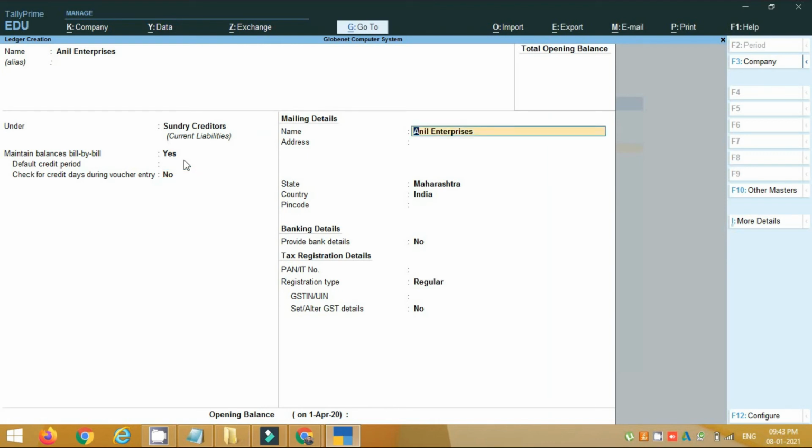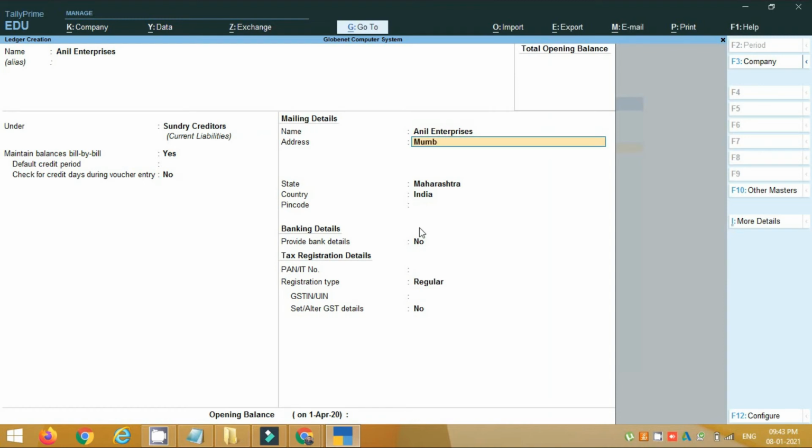Here we need to mention all the mailing details about Anil Enterprises. So name, address, you can put Mumbai.